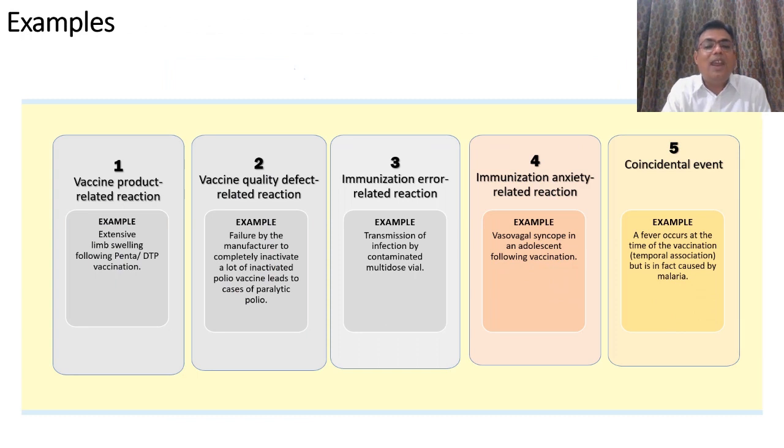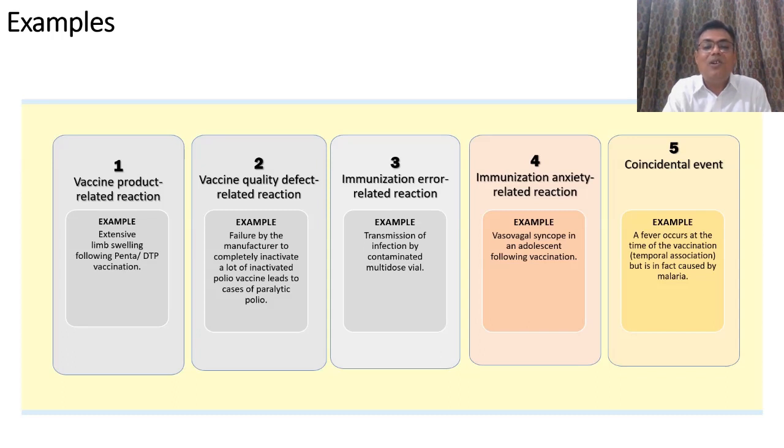These are a few examples of the different categories. For example, extensive limb swelling following penta or DTP vaccine is an example of a vaccine product related reaction. Failure by the manufacturer to completely inactivate the agent is an example of a vaccine quality defect related reaction.